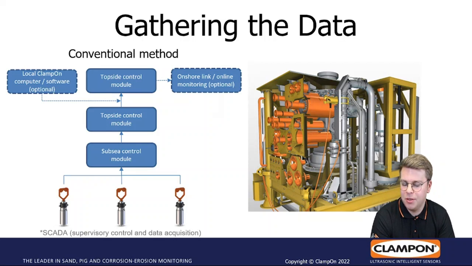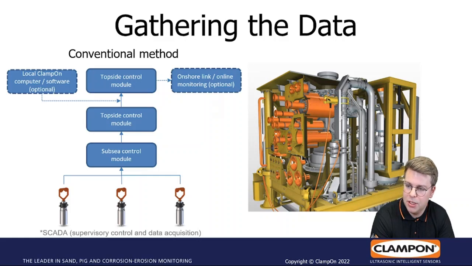So when it comes to gathering the data, as you saw on the previous movie, the picture on the right here is a subsea control module with a sensor on the bend here, and then below you see the orange cable. You see also one cable here going to corrosion erosion monitor.